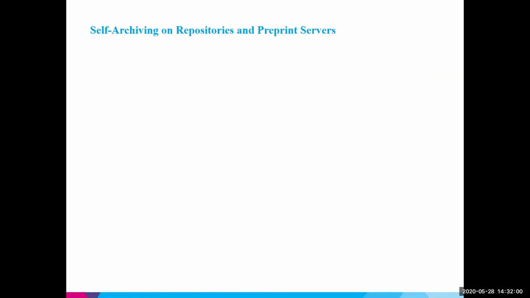Okay, so now we've talked about negotiating, we've talked about journal policies, we've talked about open access journals, and so you know what is allowed for your particular journal. Where do you go if you want to self-archive? There are a few options for that.